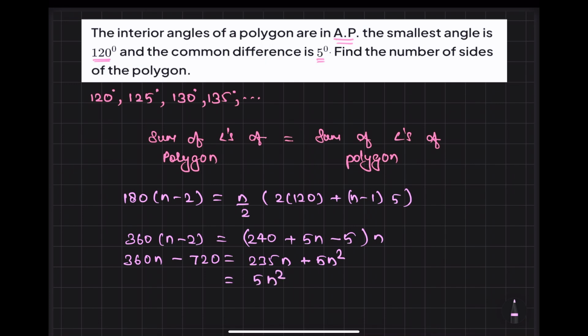This 360 will go that side, and we have already 235. Okay, so 65 is there, and then we have 60, so it is 125n plus 720. If you observe, we can divide both sides by 5, so we have n square minus 25n plus 144.